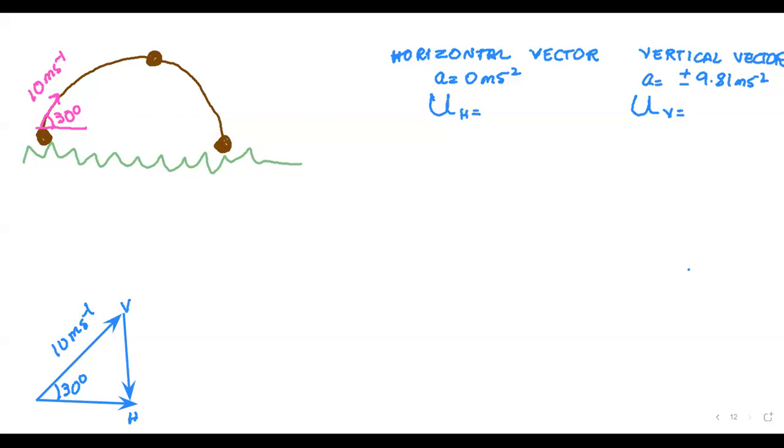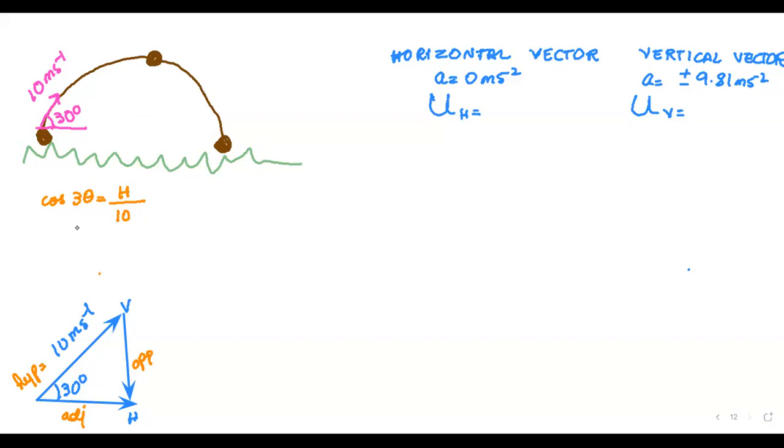So if I want to find the horizontal component, I can go ahead and use my cos theta. This is my adjacent, the line on which I have my angle. The other line is the opposite. And this is my hypotenuse. So cos theta is equal to adjacent upon hypotenuse.